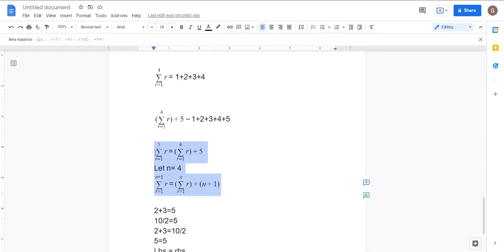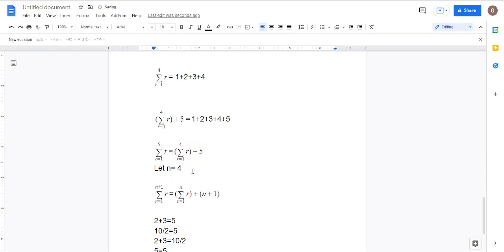Looking back at this top line here, this 4 here, we can replace with an n. That's what we did here. But we still have 5s here, 5 on top and 5 over here. But 5 is the same thing. So if 5 is equal to 4 plus 1, and we let n equal to 4, we're basically saying that 5 is equal to n plus 1.